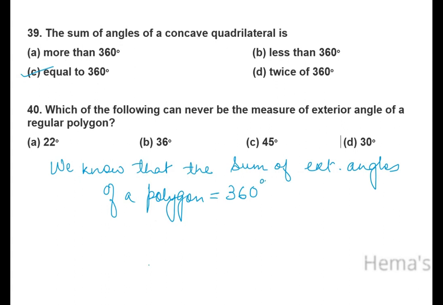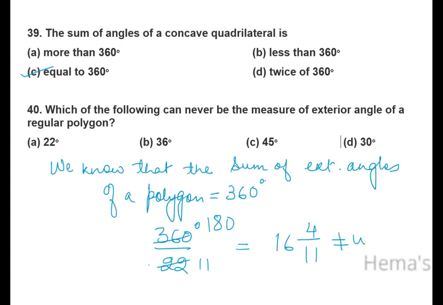If we divide 360 degrees by any one of the angles, it must be a whole number since it gives the number of sides, right? So 360 degrees divided by 22, which is 16 4 by 11, which is not a whole number. Therefore, the measure of an exterior angle of a regular polygon cannot be equal to 22 degrees. Hence, option A is correct.